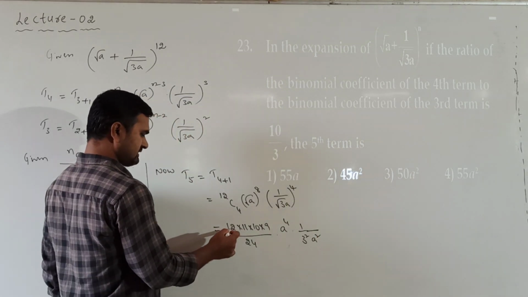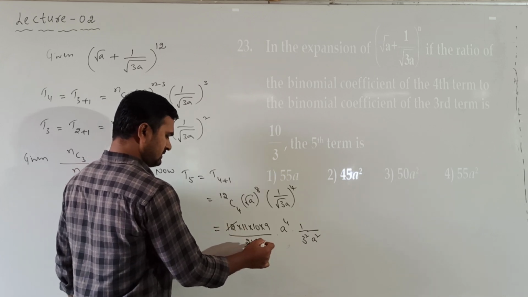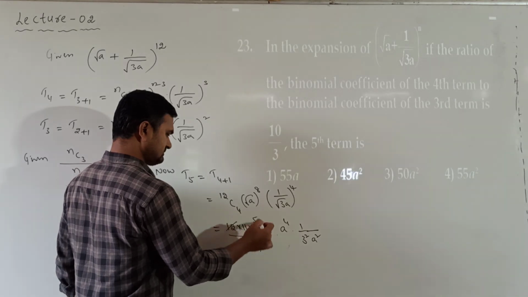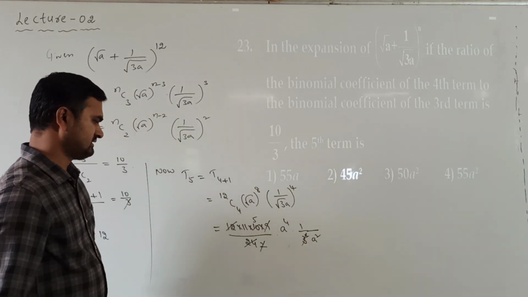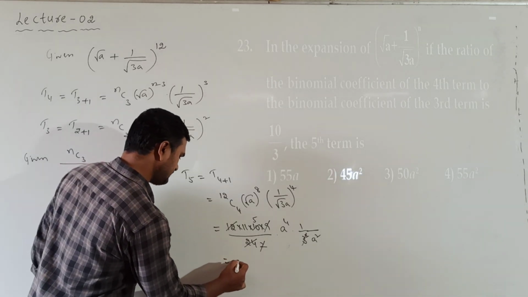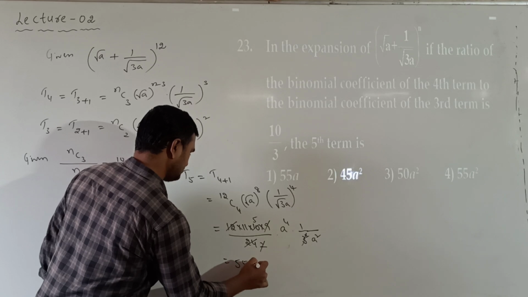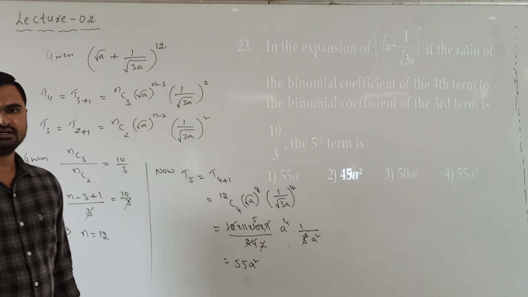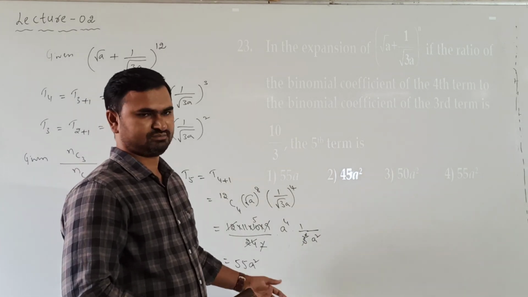So what can we cancel here? 12 has 2s, and 9 has 3s, so the 3 squared we can cancel. So the required fifth term is 55a^2.